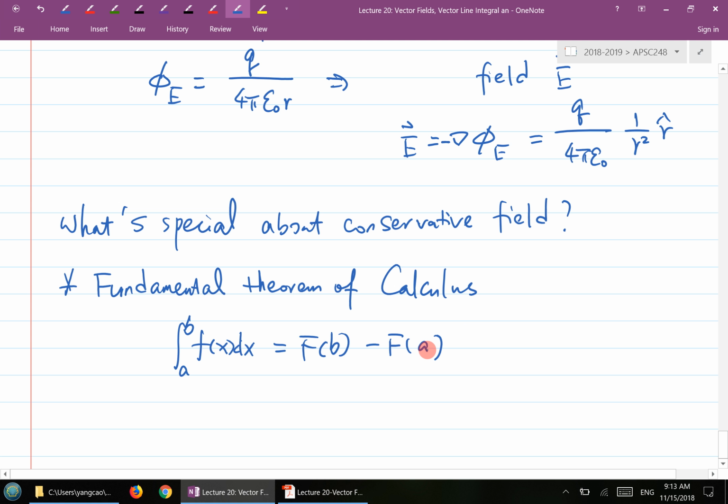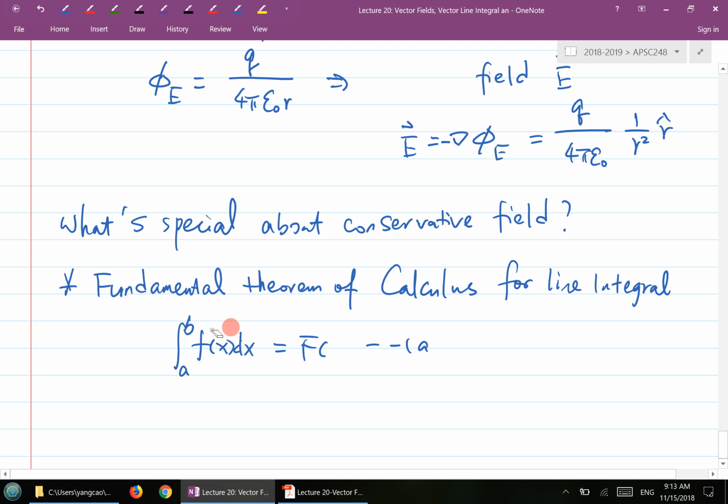But this is not what I'm going to write here. What we're going to write here is the fundamental theorem of calculus for line integrals, more precisely, vector line integrals.